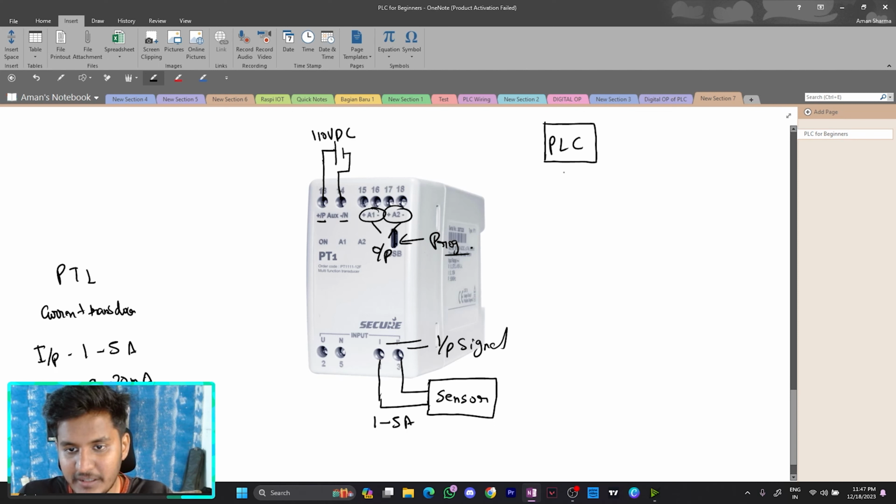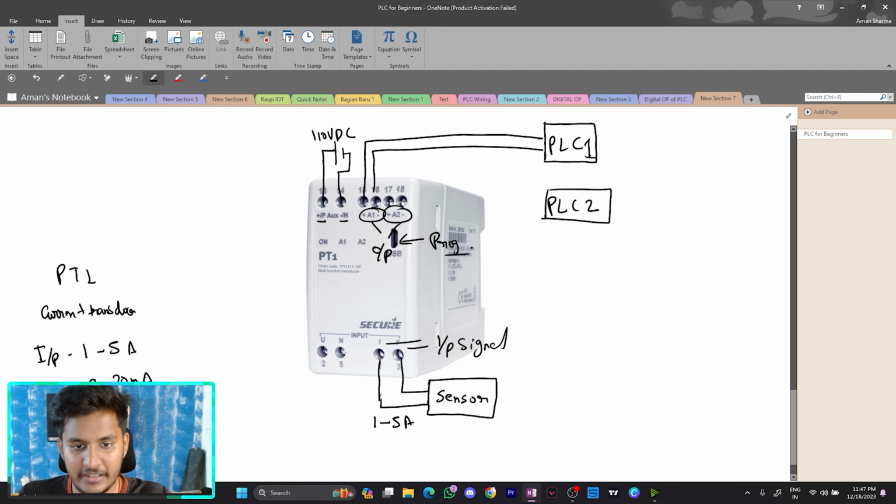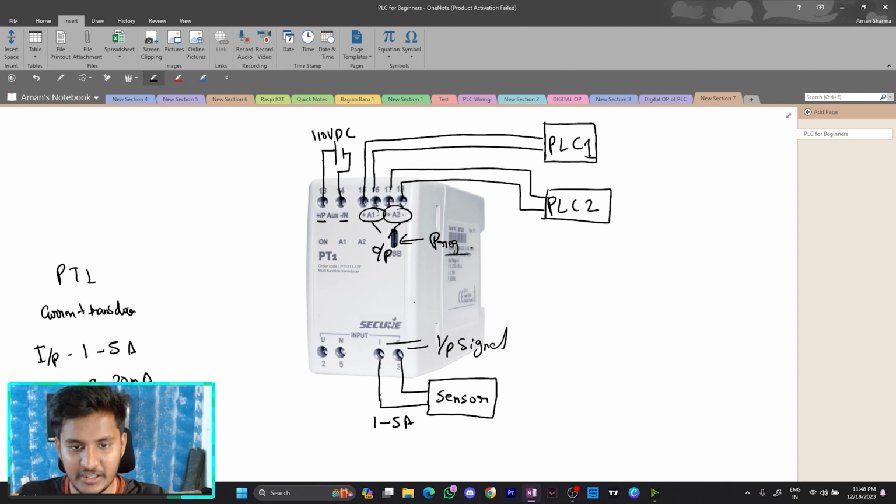Let's assume we have two PLCs, PLC1 and PLC2. So you can get two different same outputs. You can take 15 and 16 and feed it to PLC1, and 17 and 18 to PLC2.